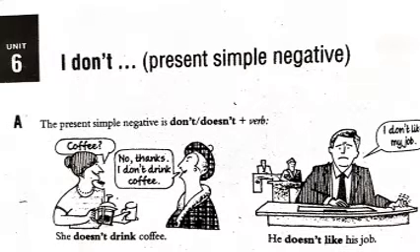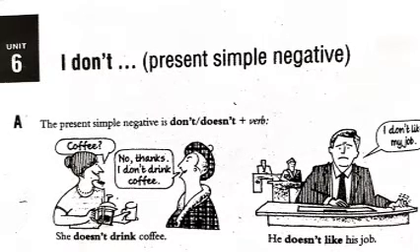So let's see how the dialogue goes. The woman asks, coffee? The guest says, no thanks, I don't drink coffee. So what do we understand of the guest? She doesn't drink coffee.